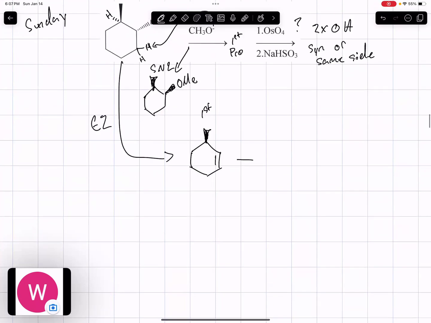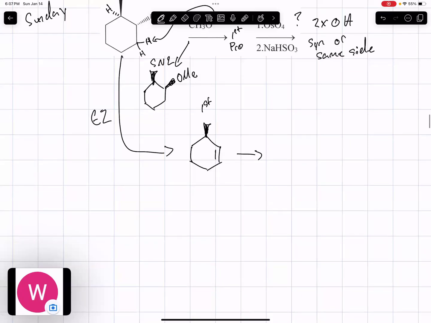Okay, so I'm not going to show you the mechanism. It's probably not important for this class, but you'll add those two hydroxyls on the same side. Is this the only product? Could I have added this a different way, is basically my question.